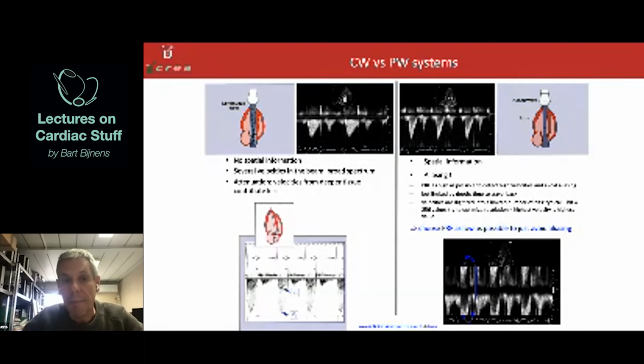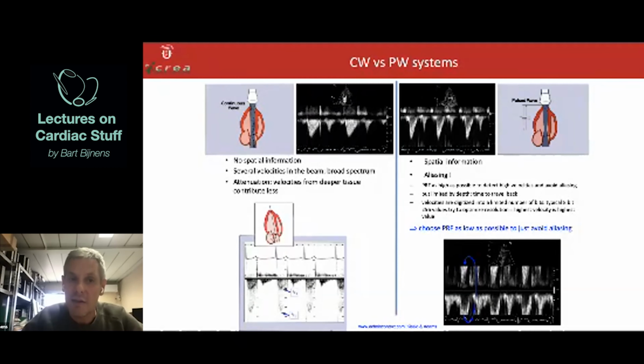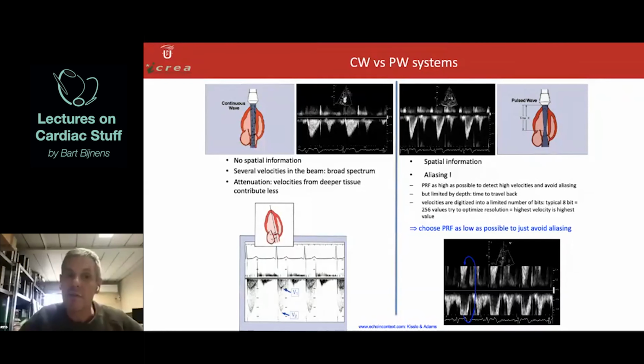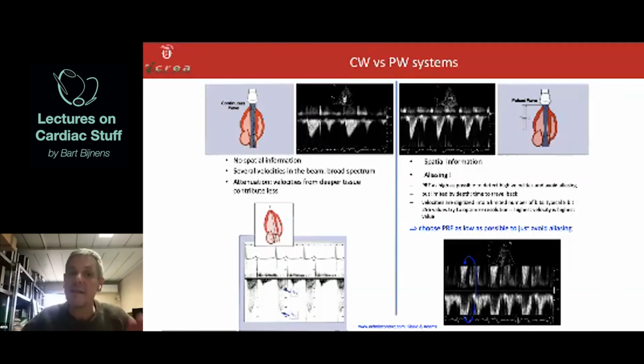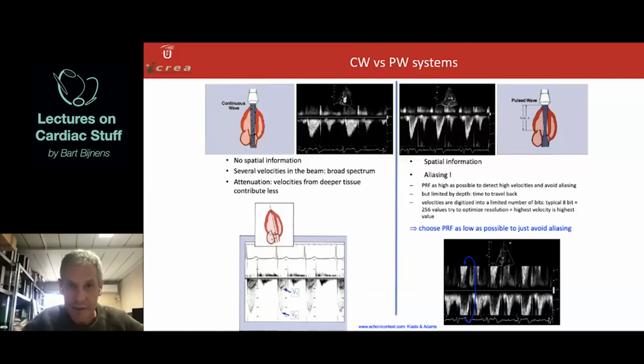So if we look at this Doppler spectrum, while we don't know exactly which velocity is where, we assume that the highest velocity, the envelope, is within the valve. That's mostly true, but sometimes, for example with supraaortic membranes, this might not be completely valid. So we have to keep this in mind.